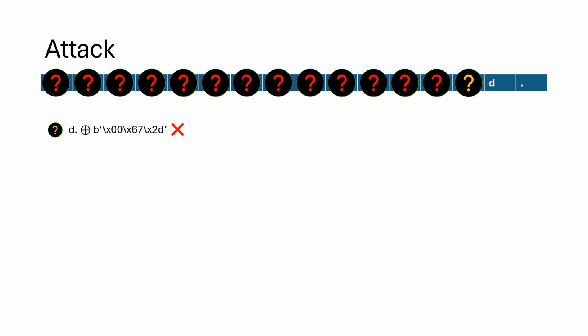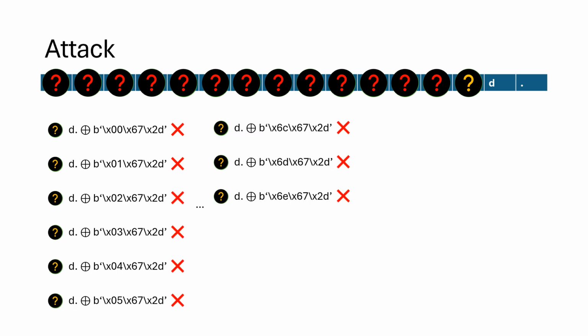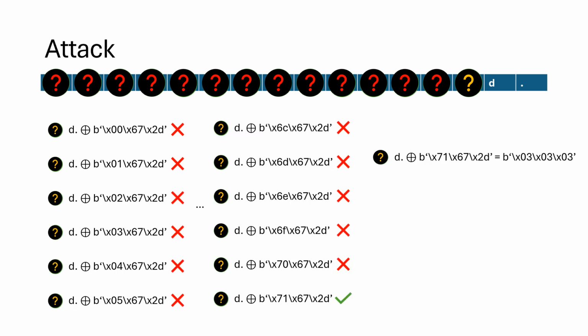Then we can repeat this until we get a successful unpad. And we now find out that when we XOR with hex 71, hex 67, hex 2D, we get the correct 3 padding bytes of hex 03, hex 03, hex 03. So therefore, our last 3 bytes are the bytes RD period.